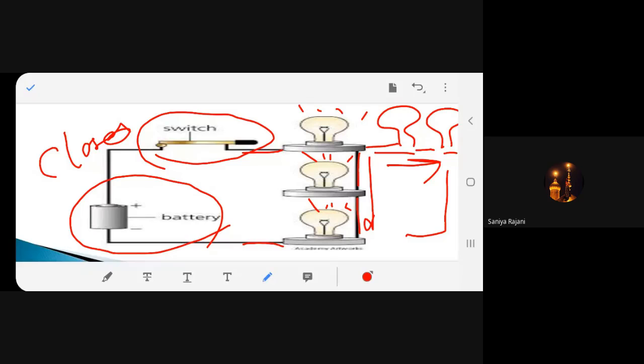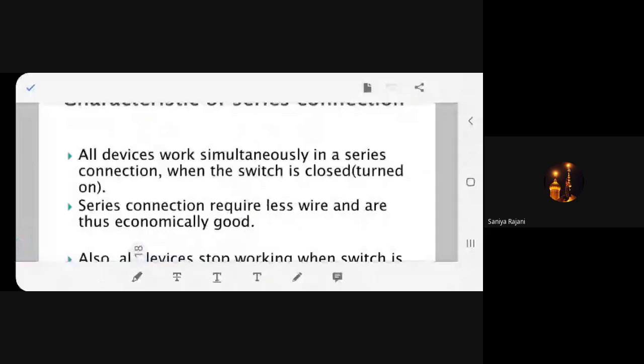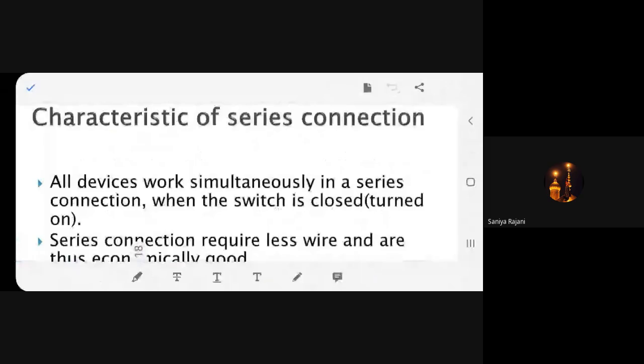Okay? Now let's show the explanation of series connection. Please start. Characteristics of series connection. All devices work simultaneously. Read it again. Characteristics of series connection. Very good. So what are the features of series connection?